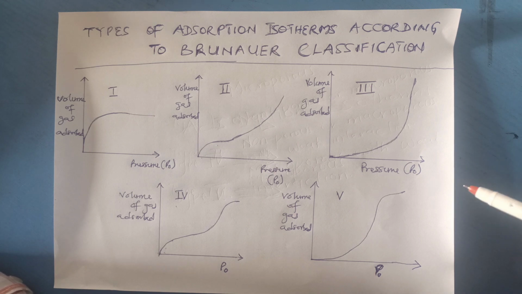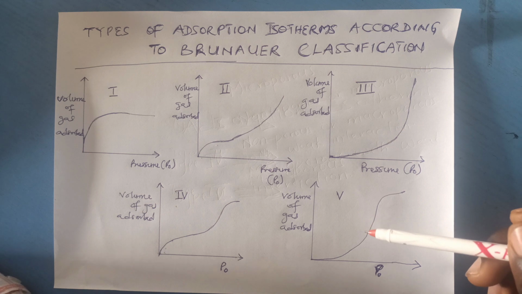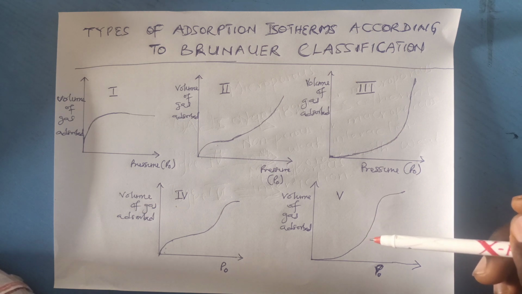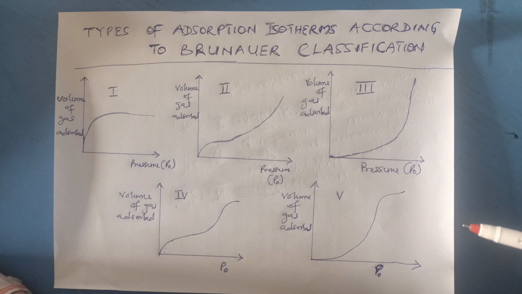The adsorbent used here is a mesoporous adsorbent with weak interaction. The adsorbent used in obtaining this kind of isotherm usually brings about weak interaction. I hope you understand what I mean by that.